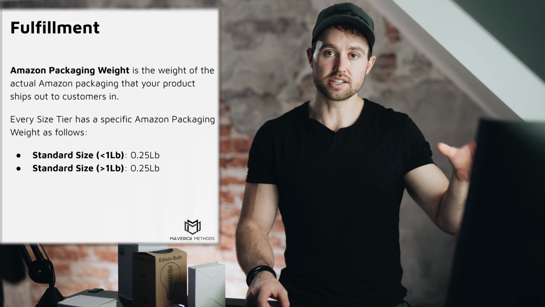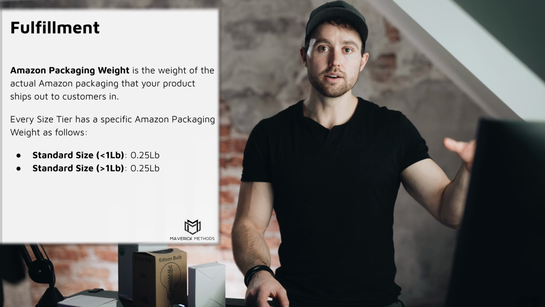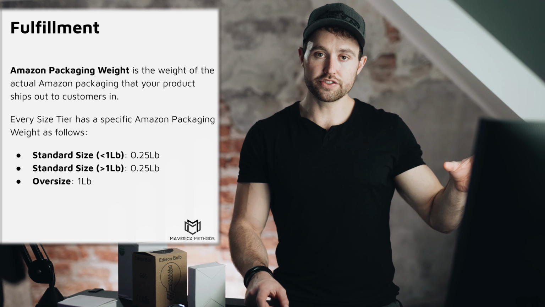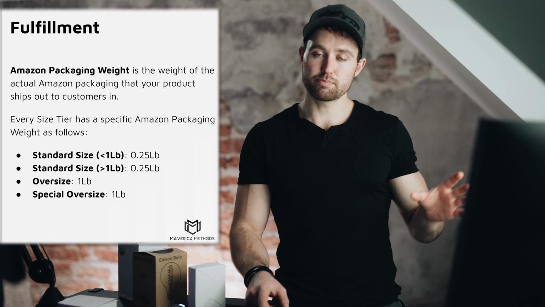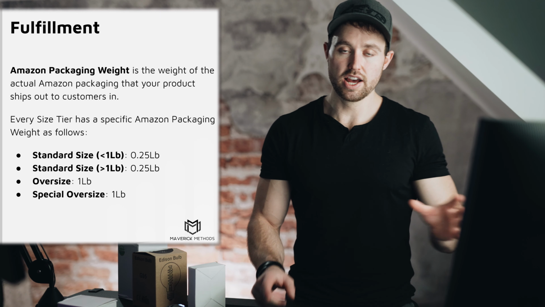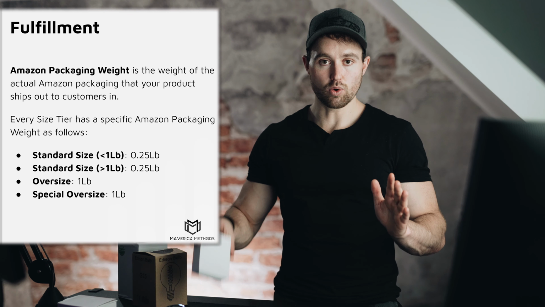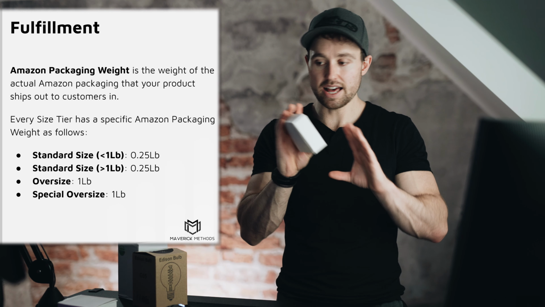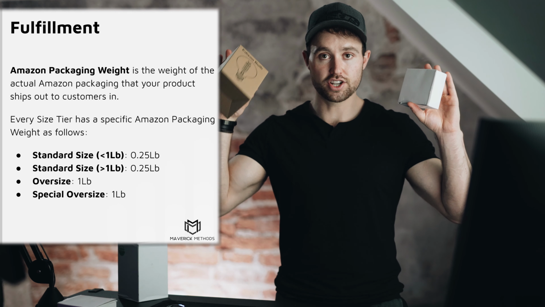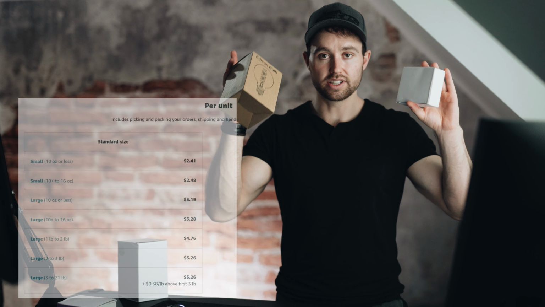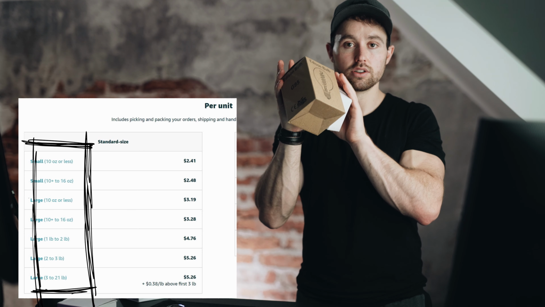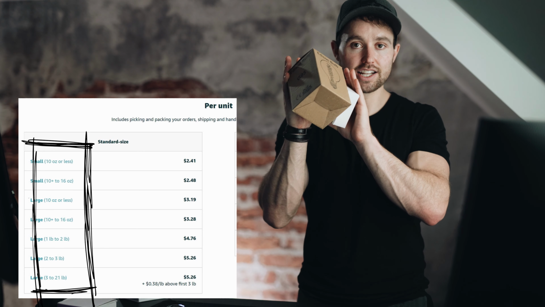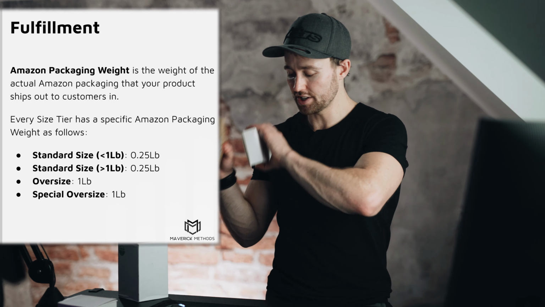In standard size above a pound, you're going to add 0.25 pounds. Oversize, you're adding a pound, and special oversize, you're adding a pound. Remember, it's your actual product weight or dimensional product weight, whichever one's bigger, plus your Amazon packaging weight. That's very important. That gives you your total outbound shipping weight, and that's what your fee is going to be based on, as we'll go through now.